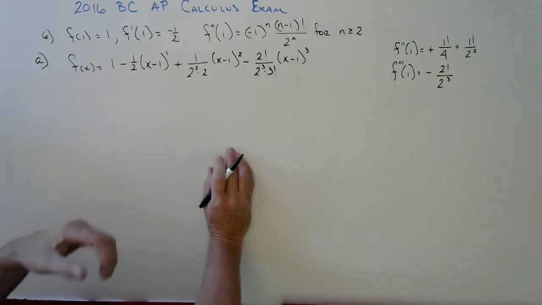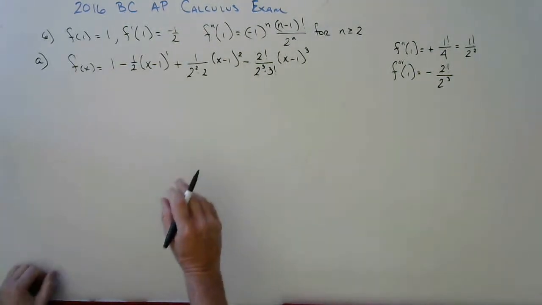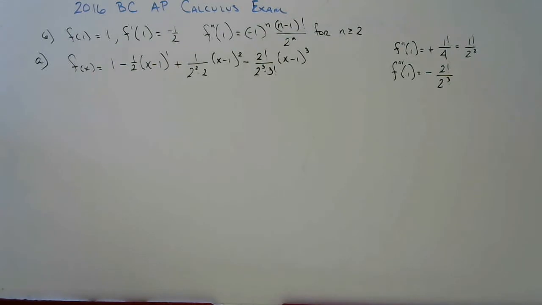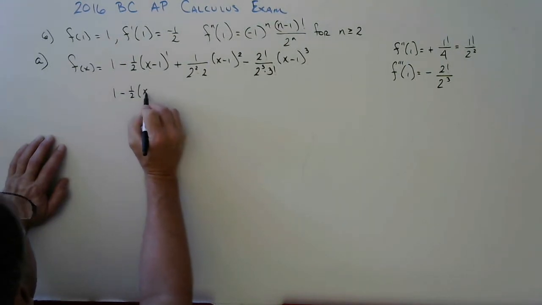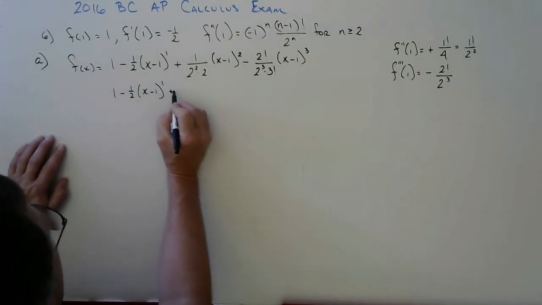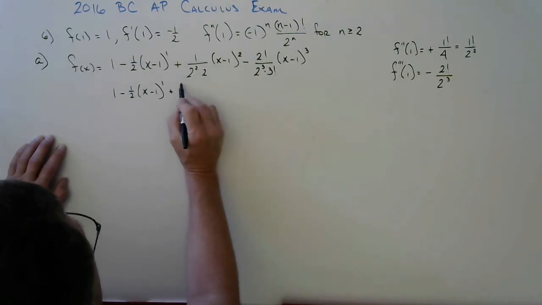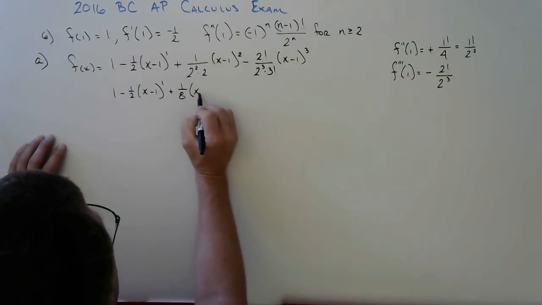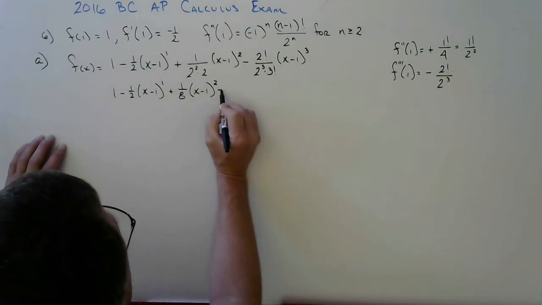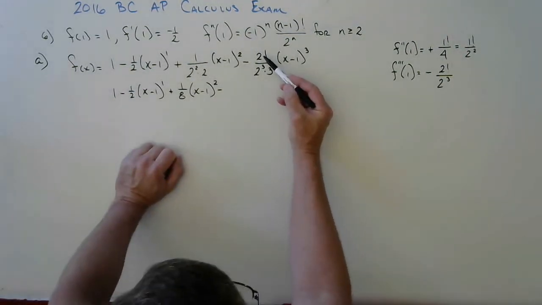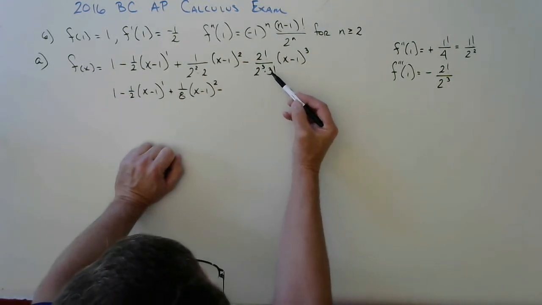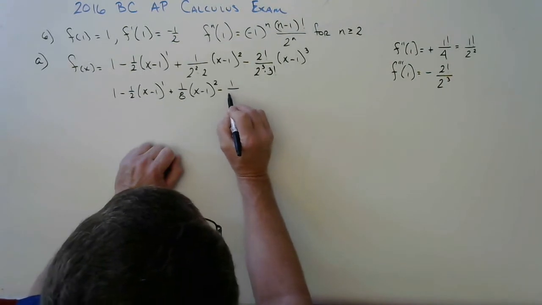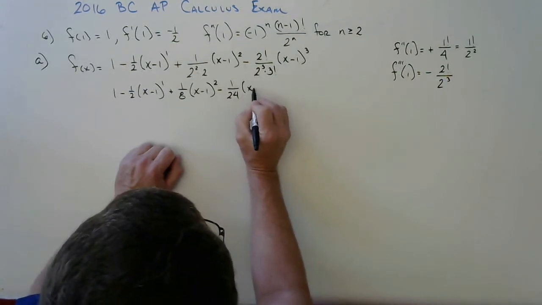It's the College Board, so they expect me to clean it up as much as possible. So this is 1 minus 1 half times x minus 1 to the first, plus 1/8 times x minus 1 squared, minus, since 2 factorial is 2, that makes 2 squared times 6, so 1 over 24, if I did my math right, times x minus 1 cubed.